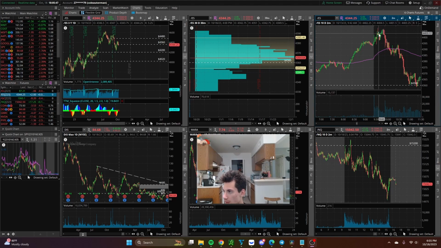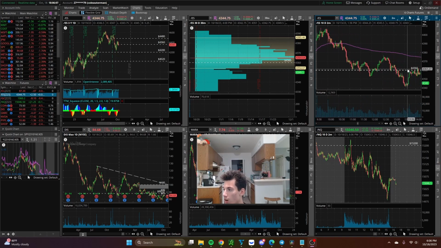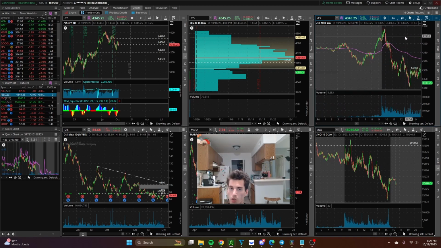Sellers pushed it back down, tried to push price above that, and sellers again pushed price back down. Now this is the distribution, or sideways action, and then price just falls all the way back down. Nice, solid 40-point sell-off right there. So that is an example of a morning top reversal trade.